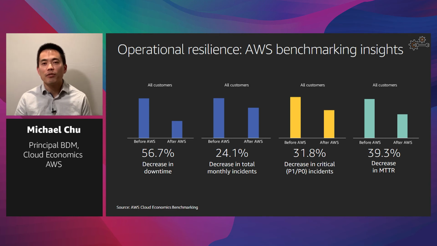And compounding the fact that there were fewer incidents, companies were able to improve MTTR by 39.3%. So when incidents did happen, they were able to resolve them even quicker than before. And again, similar to cost savings and staff productivity, we can use the percent reduction in downtime for your specific peer set to inform our business case.